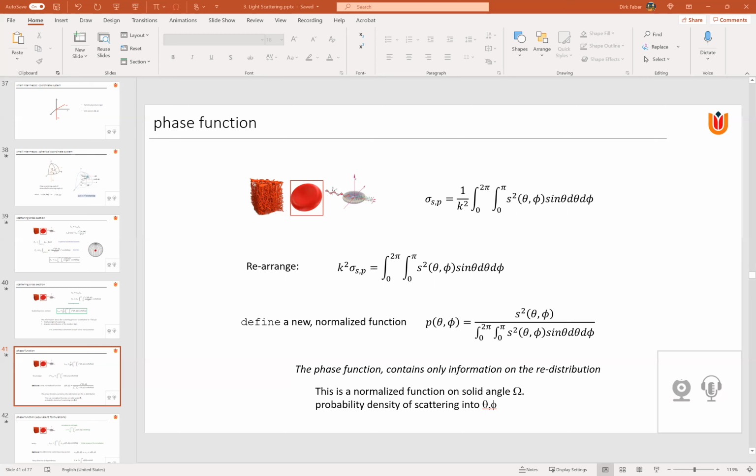So it's normalized on the spherical domain, or in different words, normalized over solid angle: the integral from 0 to 2 pi of d phi and 0 to pi of sin theta d theta. And another interpretation that we'll get to later, and I will not dwell on too much today, is that you can interpret it as a probability density of scattering into a given direction.